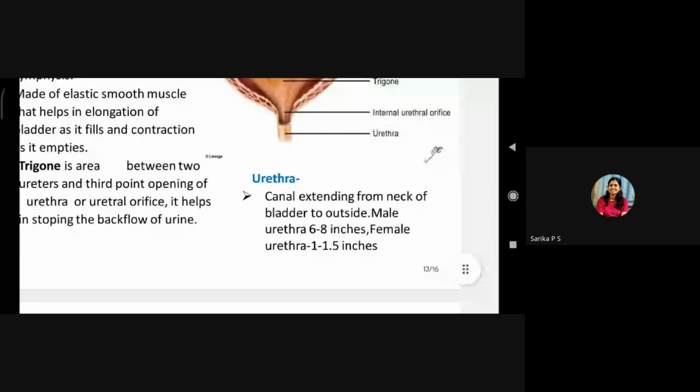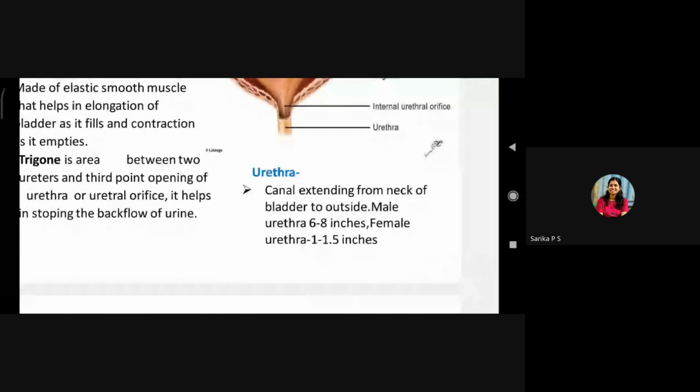urethra. The urethra is a canal extending from the neck of the bladder to the outside. Male urethra is about 6 to 8 inches. Female urethra is less, that is 1 to 1.5 inches. Okay. So the urethra is the part extending from the bladder to the outside, the opening of urine passage.